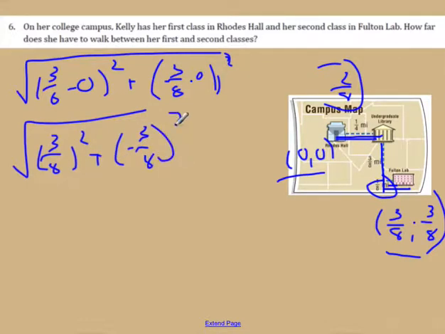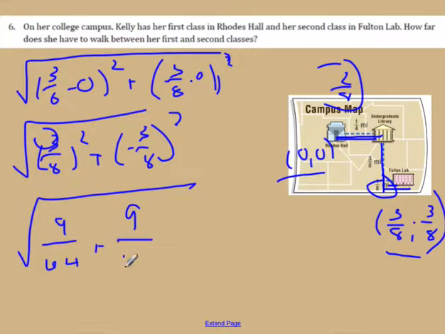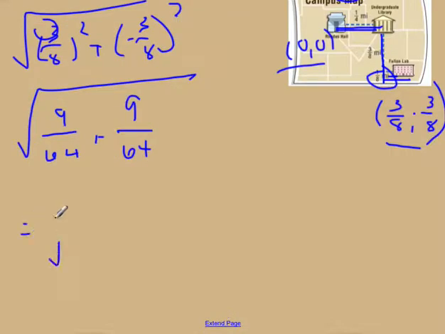When you square those, you can distribute the square into the fraction. So 3 squared is 9, 8 squared is 64, negative 3 squared is 9, 8 squared is 64. When you add those two fractions together, you end up getting the square root of 18 over 64. You can add them because they have the same denominator.